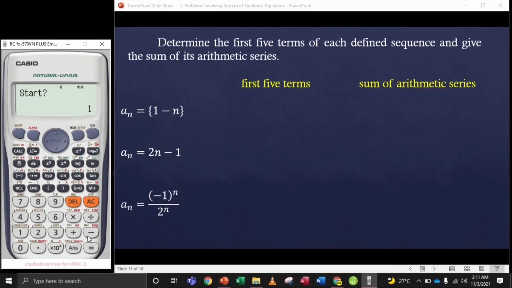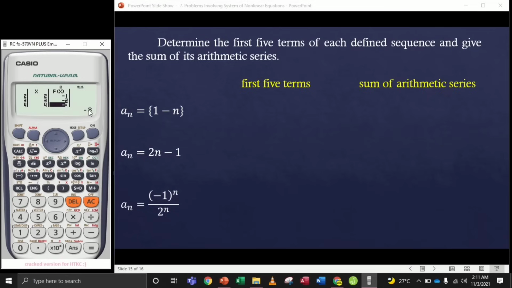Start dapat 1. Ang n dapat 5 kasi first 5 terms. And then equals lang ulit. Okay, so makukuha natin kapag yung 1, sa first term, ang makukuha natin is 0. Sa second term, negative 1. Sa third term, negative 2.